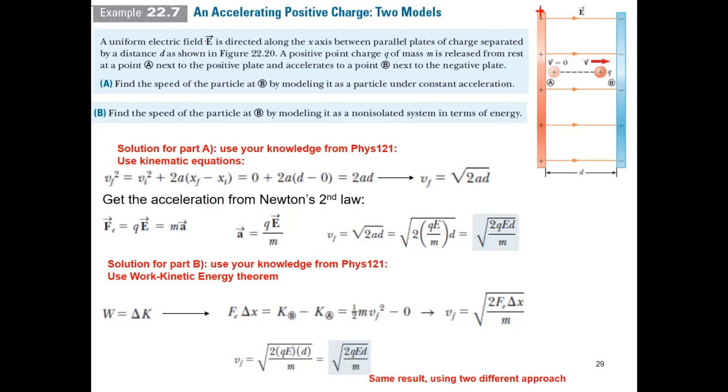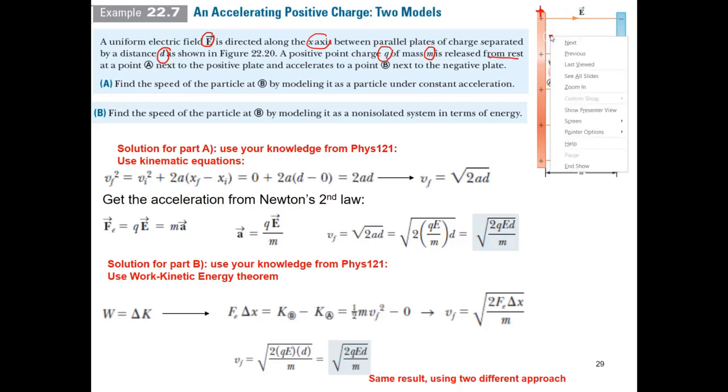A uniform electric field E is directed along the x-axis between parallel plates of charge separated by a distance d, as shown in the figure. A positive point charge Q of mass m is released from rest. So you put a charge here, and you let it go.